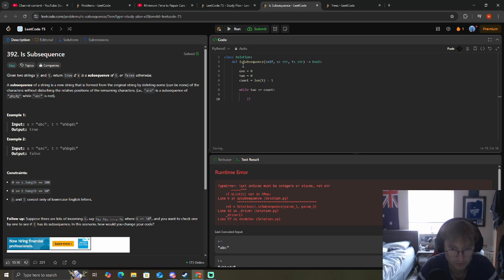If s list 0, okay, if s list 1 is equal to t list 2, then 1 plus equal to 1 every time we increment 2 plus equal to 1.